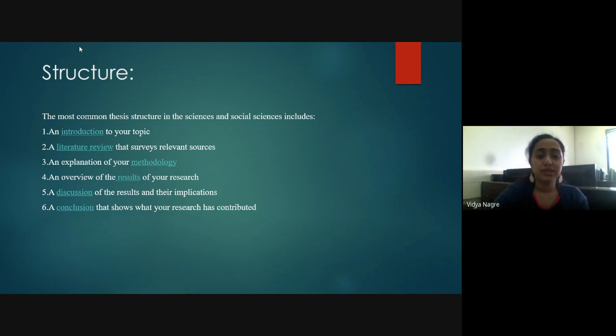It surveys relevant sources. When we collect data for our own study, before we start our study, we refer to some articles, books, reports, reviews, or even certain kinds of studies that have happened previously based on the same topic that we have chosen, or a topic which is similar to our study.